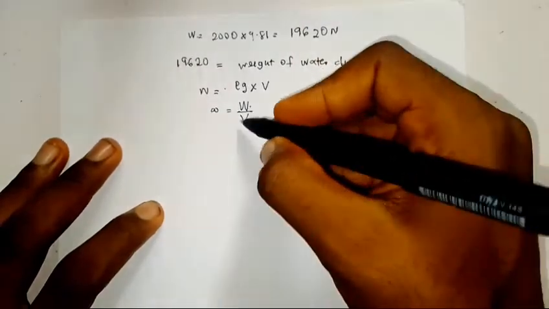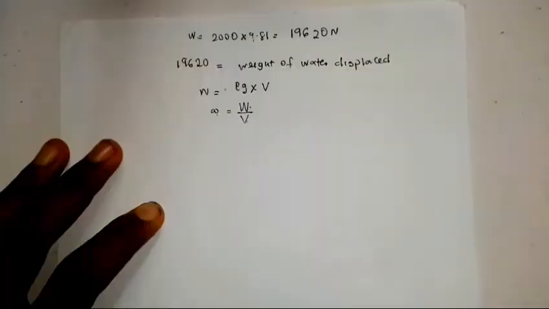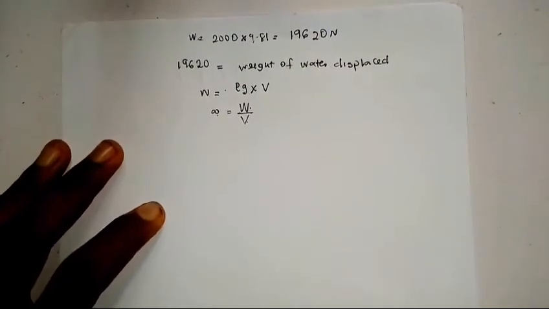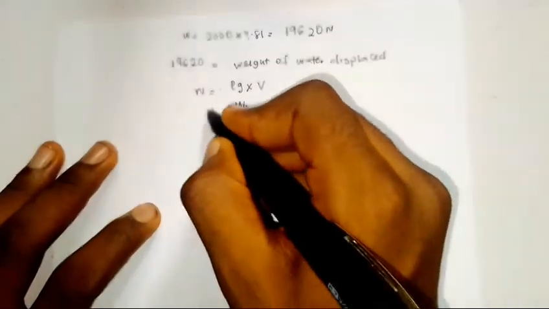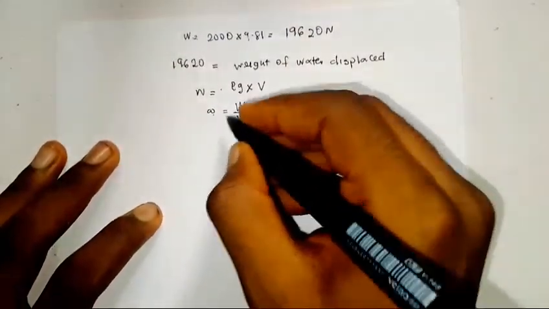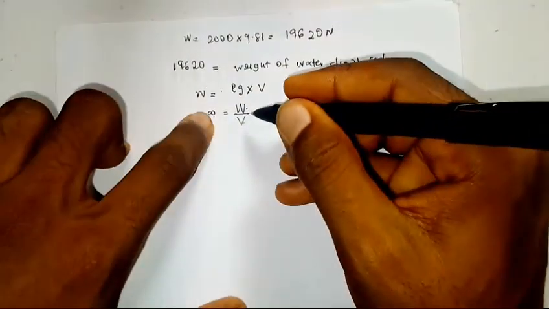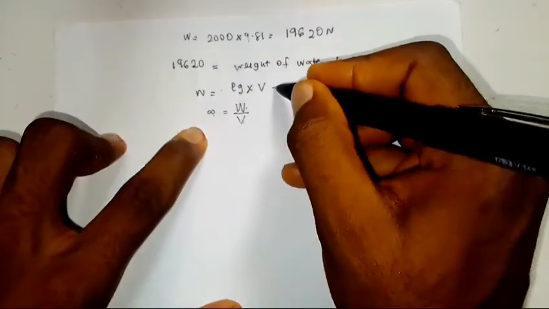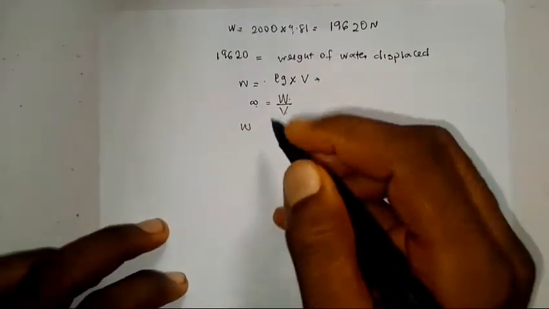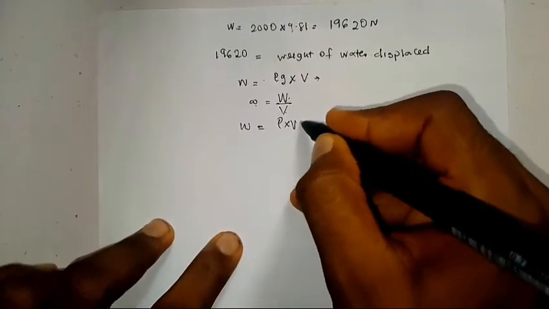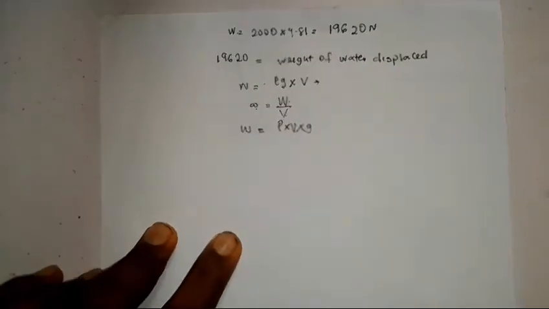And weight density is mass density times acceleration due to gravity. So that's how we got this formula: the weight of water displaced is density times volume times acceleration due to gravity.